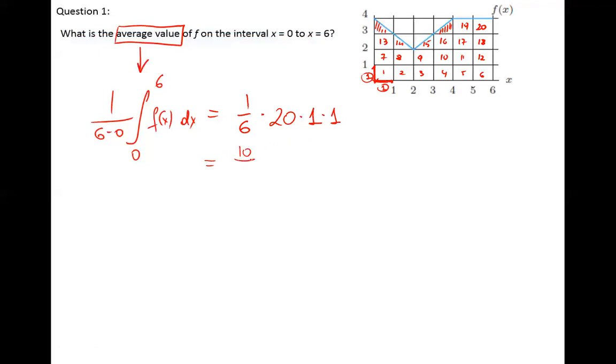This is simply 20 over 6, or I can say 10 over 3, or 3 and 1/3. Probably this answer is fine. That means just 3.3. That's the average value of the total change in the function f. Of course, it's the average value.